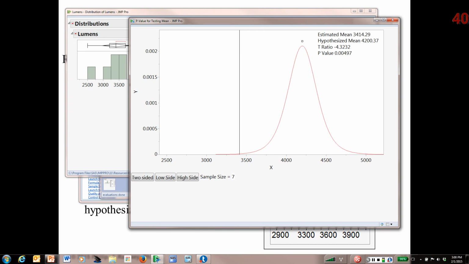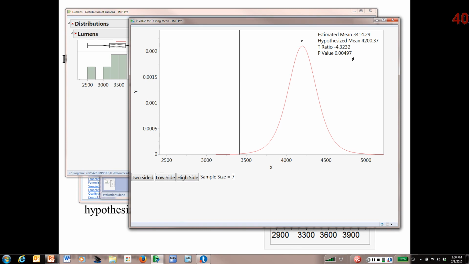Well, notice now we can barely see any area under the tails of the distribution. And in point of fact, if the theoretical mean were truly 4,200, then about 0.5% of possible sample averages would be more extreme than the one we observed.